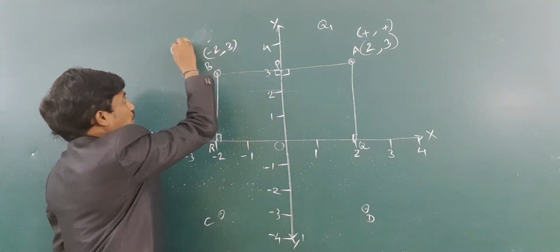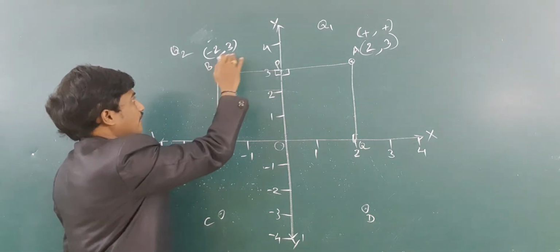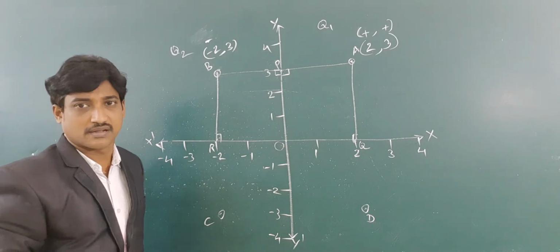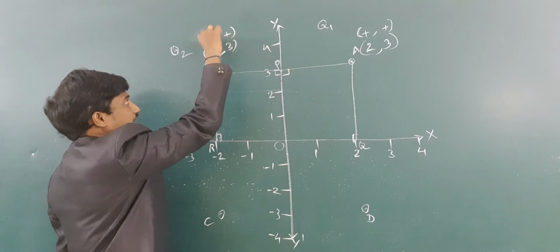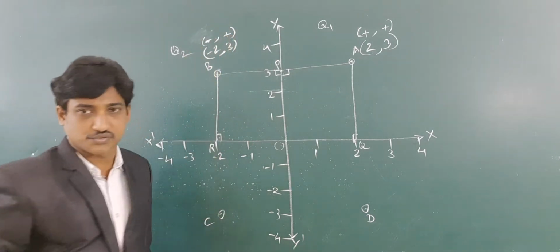See here in Q2, the coordinates of point B: the x coordinate with negative sign, the y coordinate with positive sign.